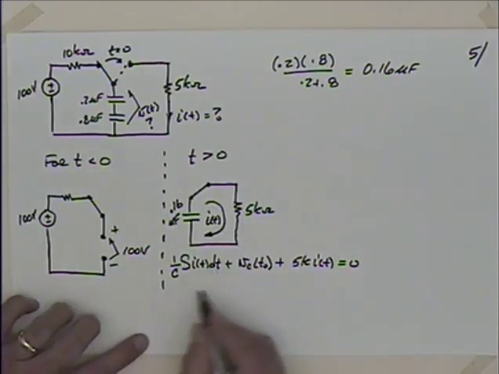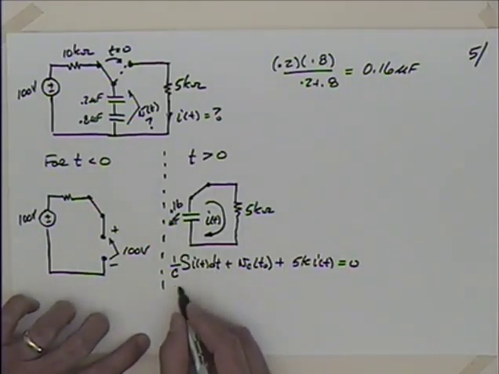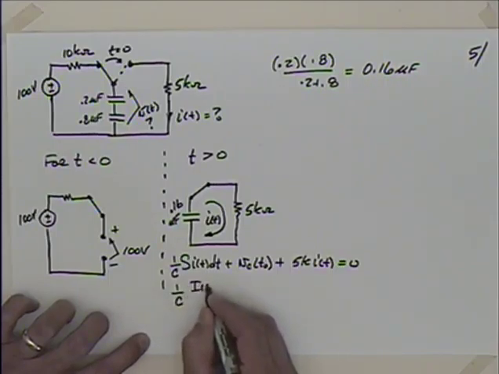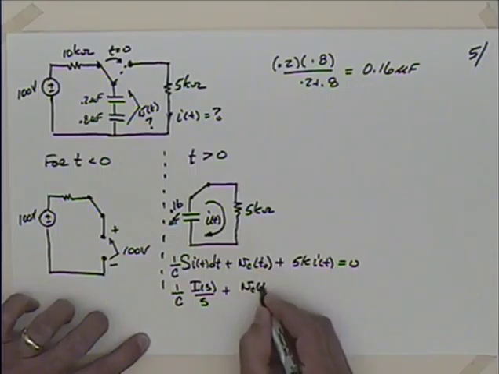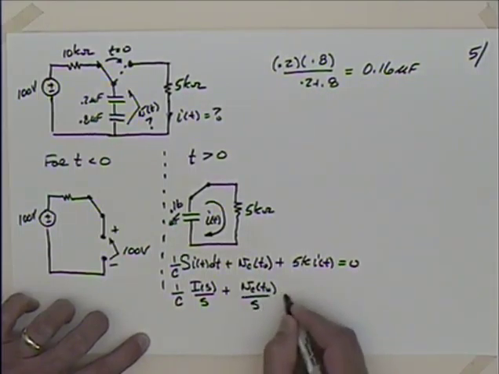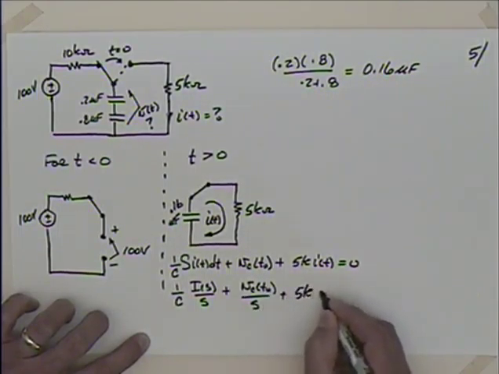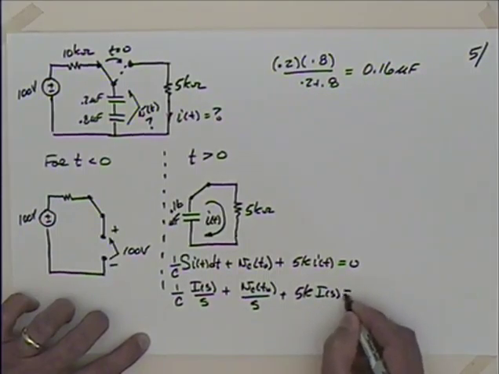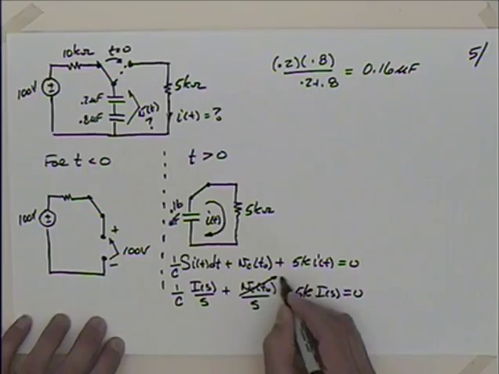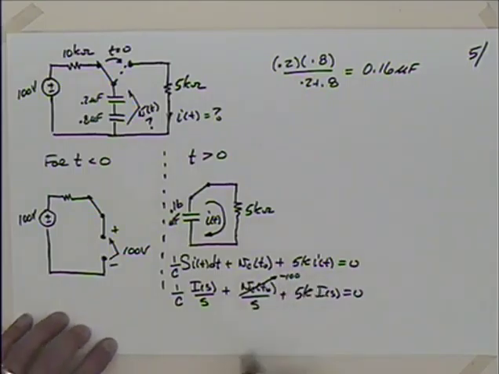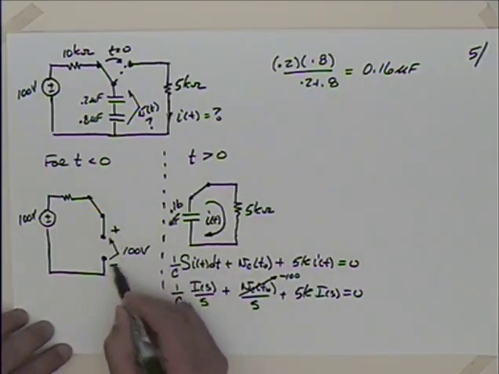And then I take the Laplace transform of this, so I have 1 over C times I of S over S plus V_C at t naught over S plus 5K I(S) is equal to 0. And I'll make my substitution for this. This I'm really going to say is minus 100, because if I look at the polarity here, I've got something that's like that.